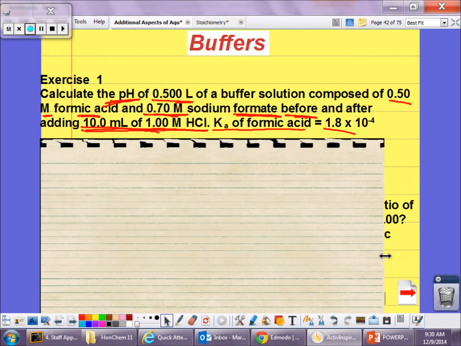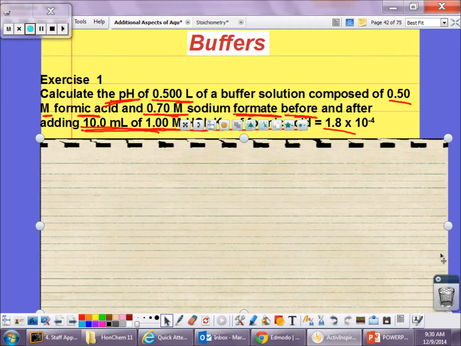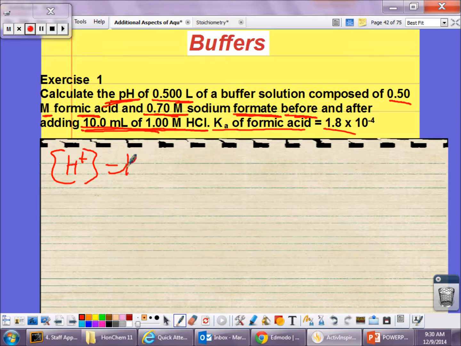Okay, so I write down the buffer formula, which is the concentration of H plus equals Ka, doesn't matter what, Ka times the weak acid over the weak base. I write down my formula.